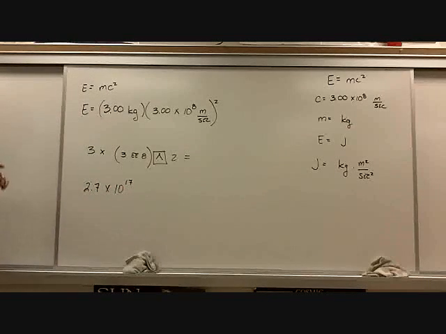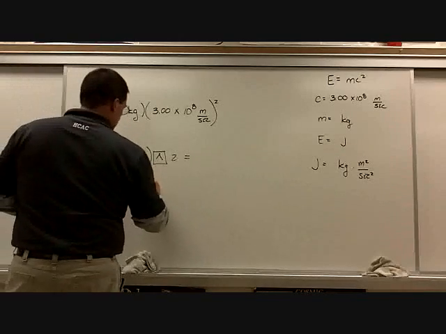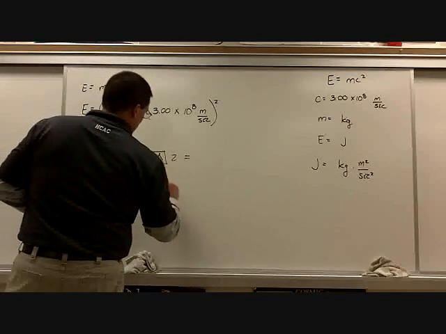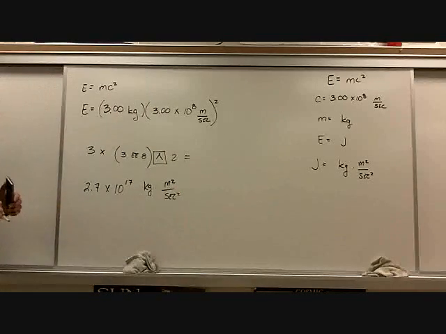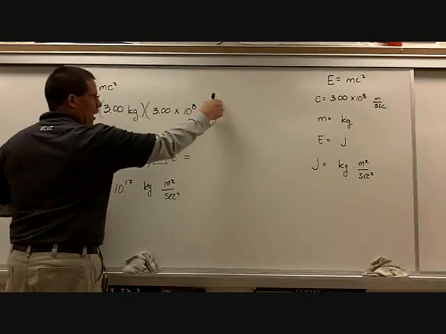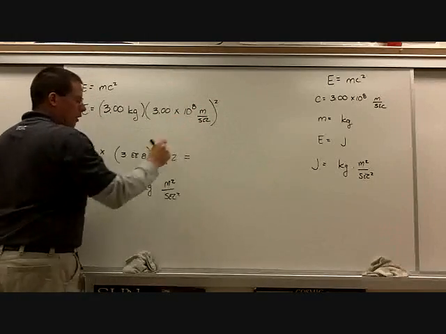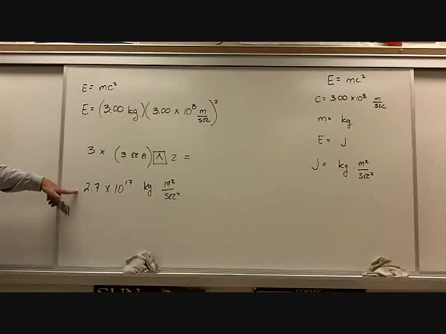Now, what is my unit for that? It's kilograms times meters squared per second squared. That's my unit; nothing's canceled out, and we also squared not only the number but the units. So this is what my value is. Is this what the question's asking for?